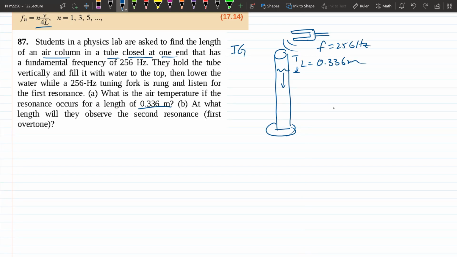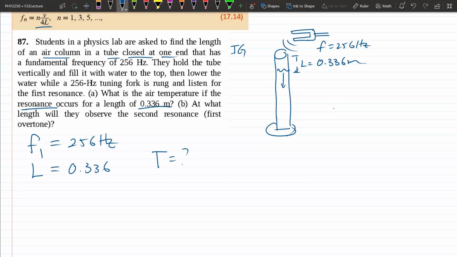So in this case, since we're dealing with the first resonance, that's f1, and therefore that's equal to 256 hertz. The length of the tube at that first resonance happens to be 0.336. And the question is asking you: what is the temperature?